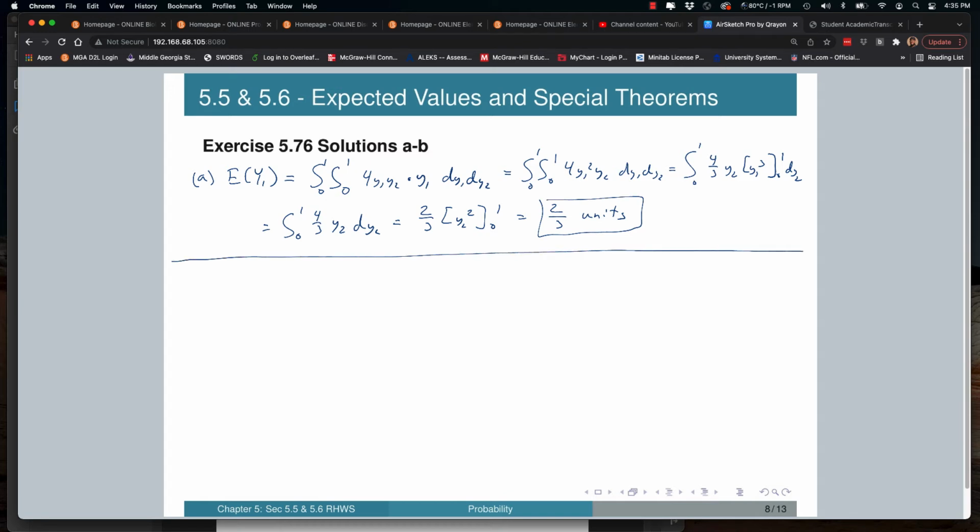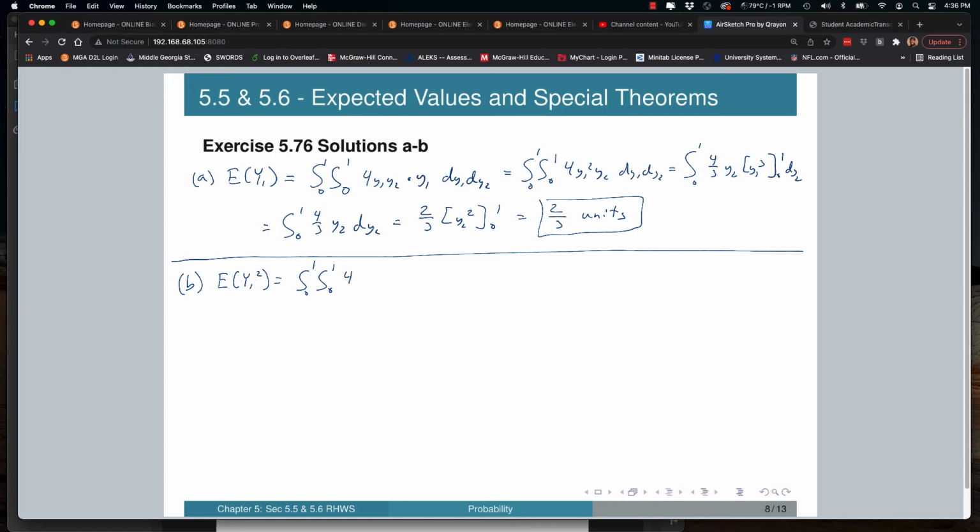It's not too bad. Part B, we need to find the variance, but before we can do that, we need to find the expected value of y sub 1 squared first. So again, it's a similar integral, except we're going to multiply in a y sub 1 squared as the extra one.